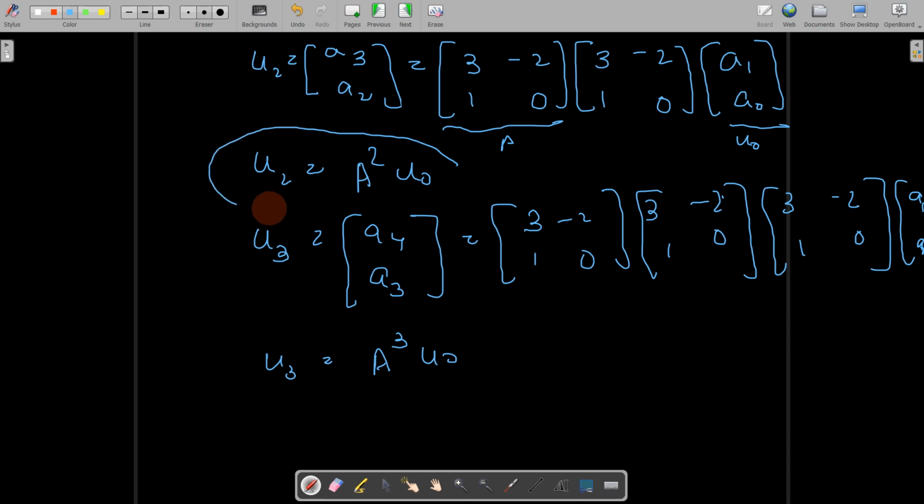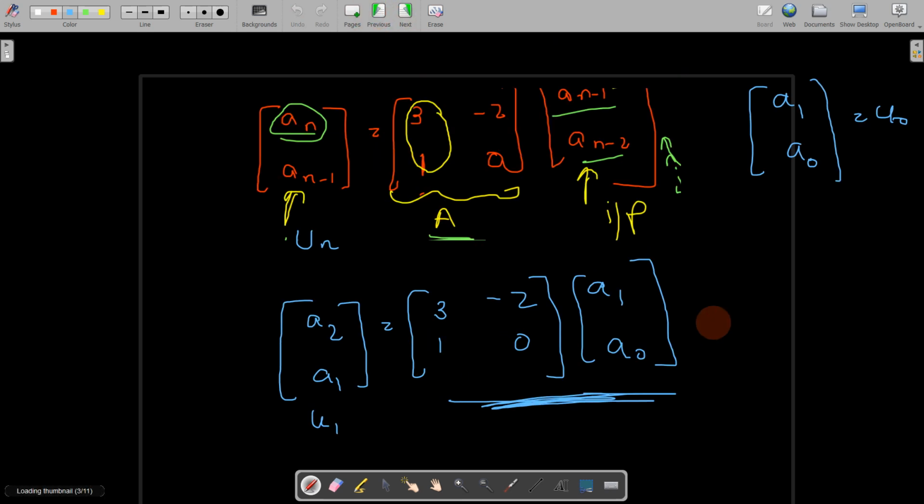If you see the pattern, U1 is nothing but A U0, A power 1. What subscript is there with U, the same power of A is there.